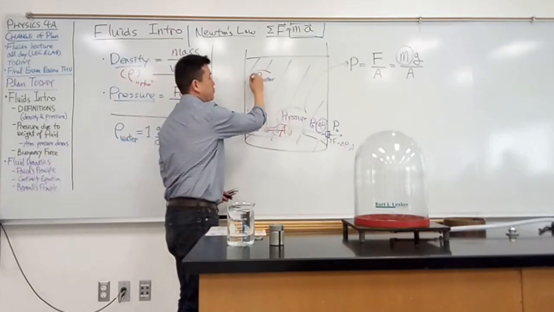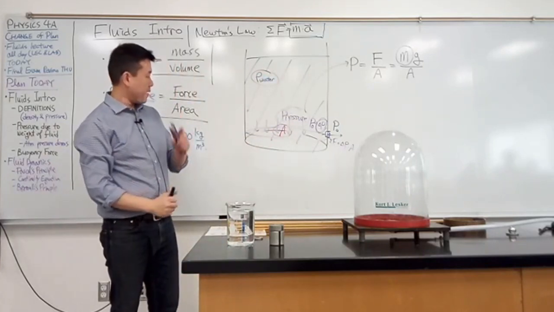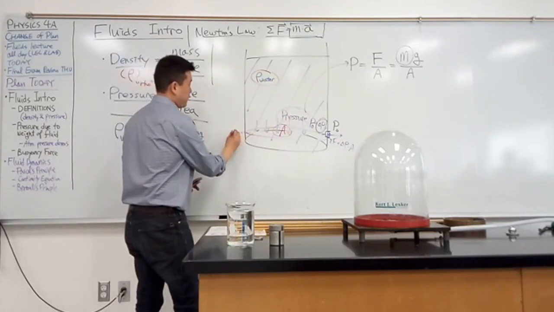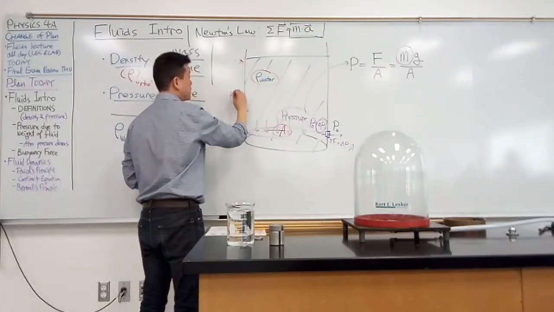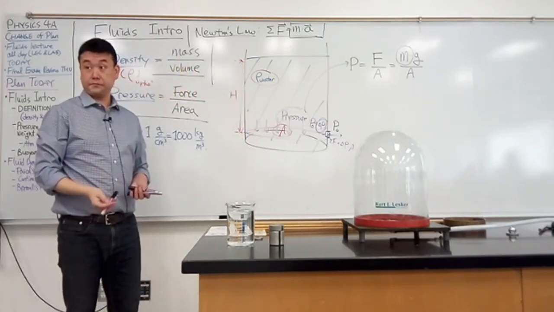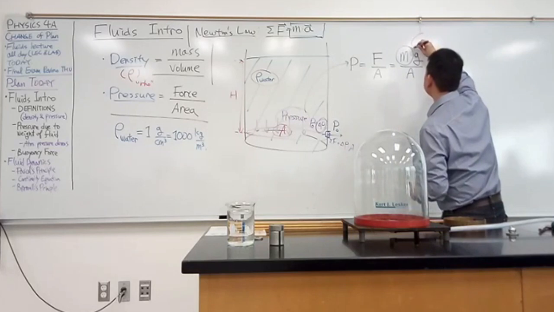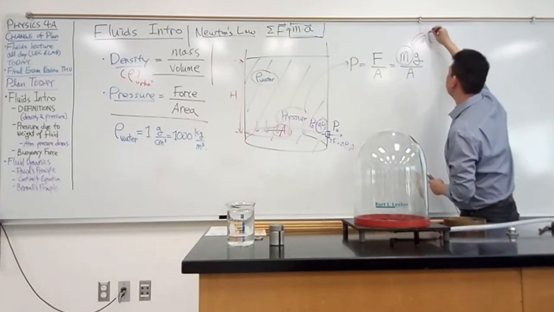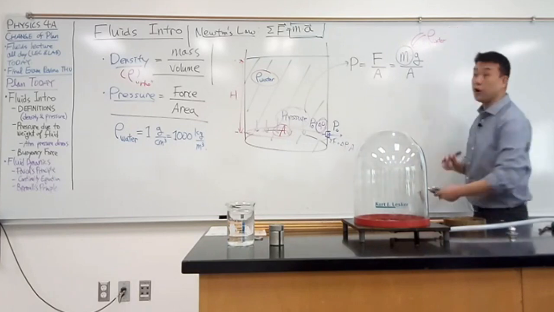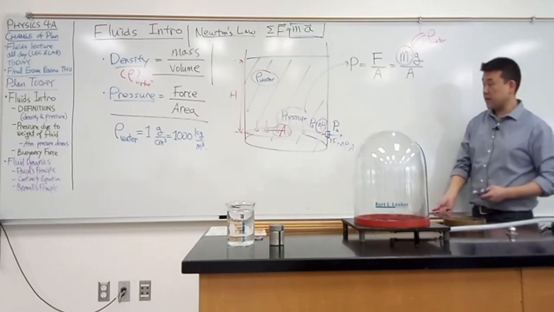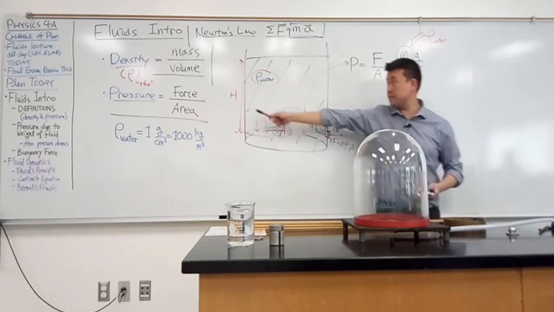I can probably use the density of water. And one single parameter that'll probably be useful is the height of this water. Okay? So I can express this mass this way. I can say this mass is going to be the density of water times the volume element. In this case, this volume would be the cross-sectional area times the height.